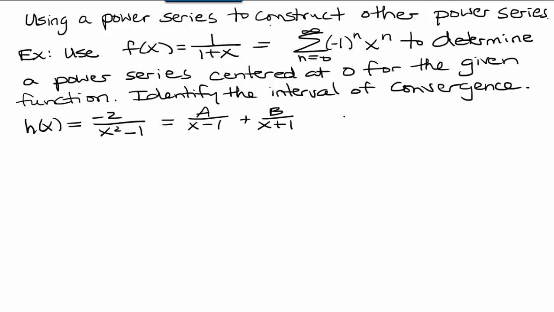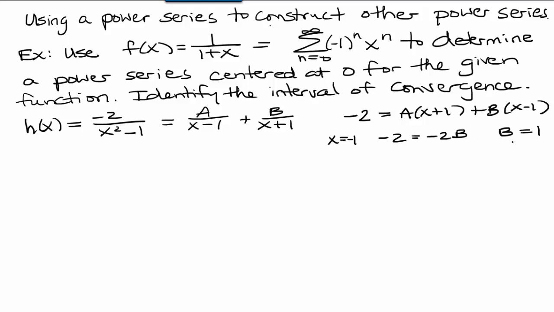So we're going to write our characteristic equation multiplying on both sides by x squared minus 1. We have negative 2 equals a times x plus 1 plus b times x minus 1. If x were equal to negative 1, that would mean we'd cancel out the a term. We'd have negative 2 equals negative 2b, and we would get that b is equal to 1.